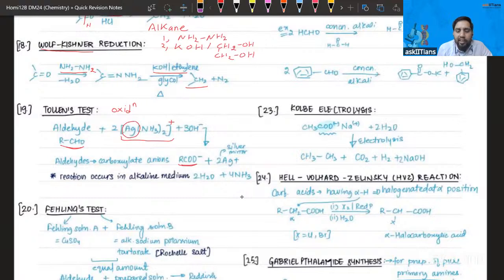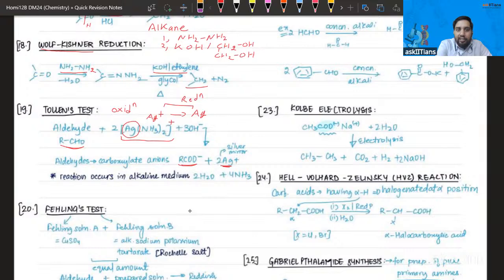The oxidation number of Ag is plus, and it is converting into Ag, plus H2O and NH3. This is reduction, gain of electron. So Tollens reagent acts as an oxidizing agent because reduction occurs for it.